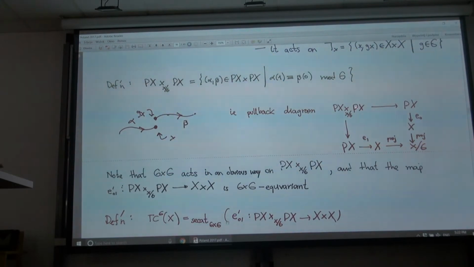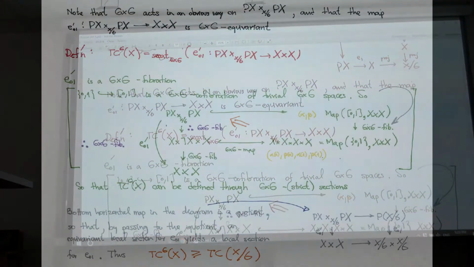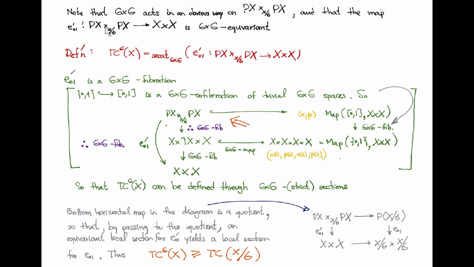That defines the space as a pullback, essentially. And then you have a map from a pair of paths with that condition into here, which evaluates at the very beginning and at the very end of the path. And then you get away with it, namely you have G cross G acting on two paths, which are lifted like that.